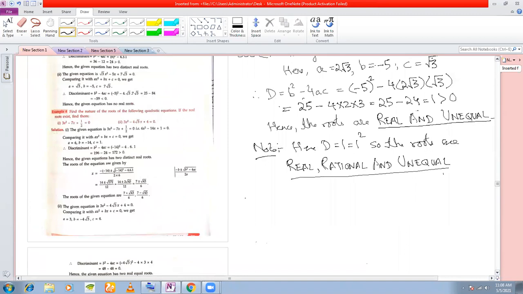In my textbook, the number is 42. So you just check with what number is there in your textbook. I'll just write the question.